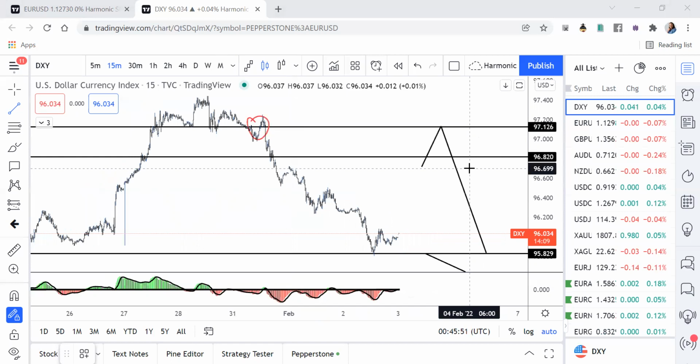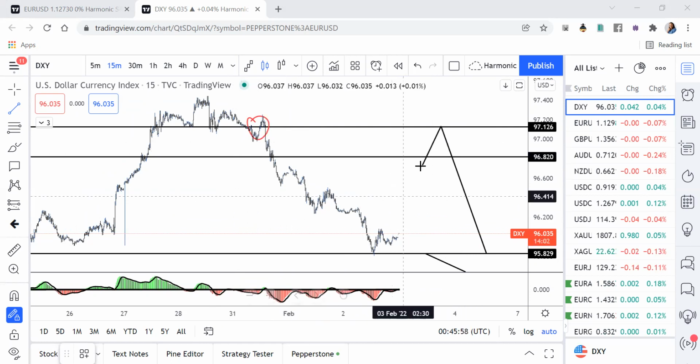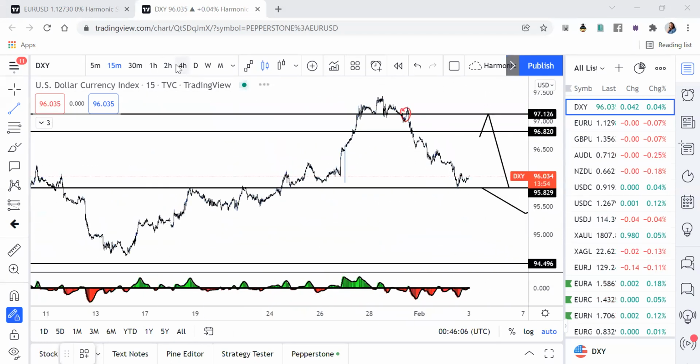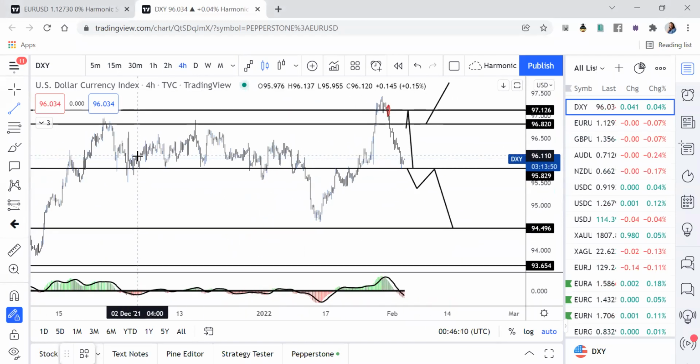So that's the move on the DXY, right? The smaller move will be a retest here, and we can catch a move within this. So if you look at it on the higher time frame, price has gone back into this consolidation area.